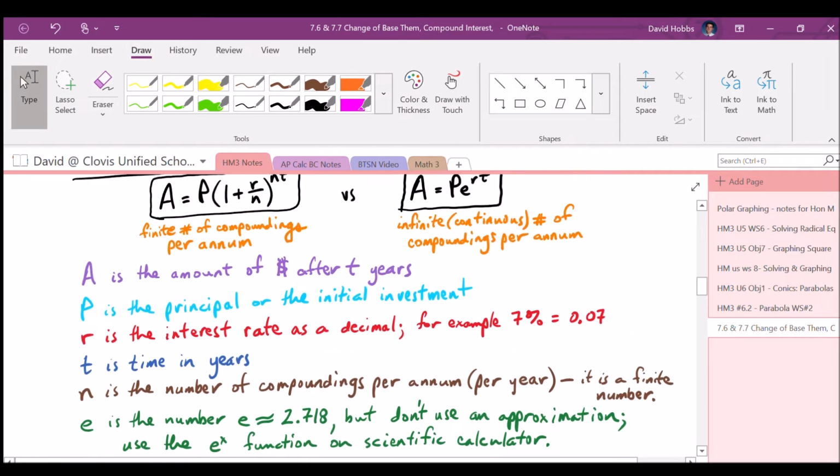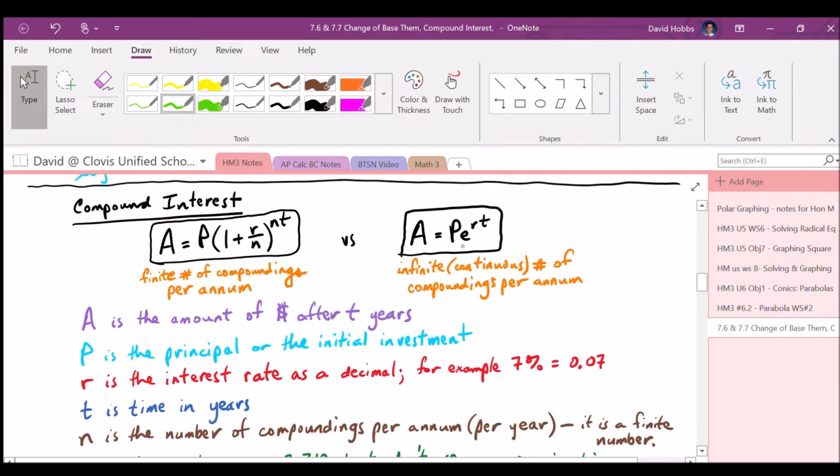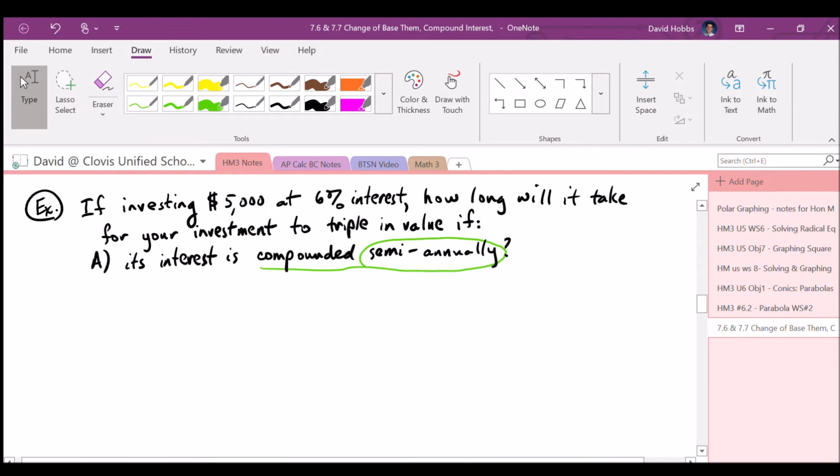So is that infinite number of compoundings? No, semi-annually. There are 2 semi-annuals per year. So we're using the formula on the left. So A equals P times 1 plus R over N to the NT.